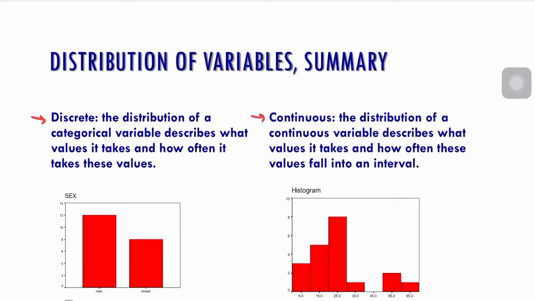For the discrete variable, the distribution will be a categorical one. I show you, this is very important, and it shows the values it takes and how often it takes these values.